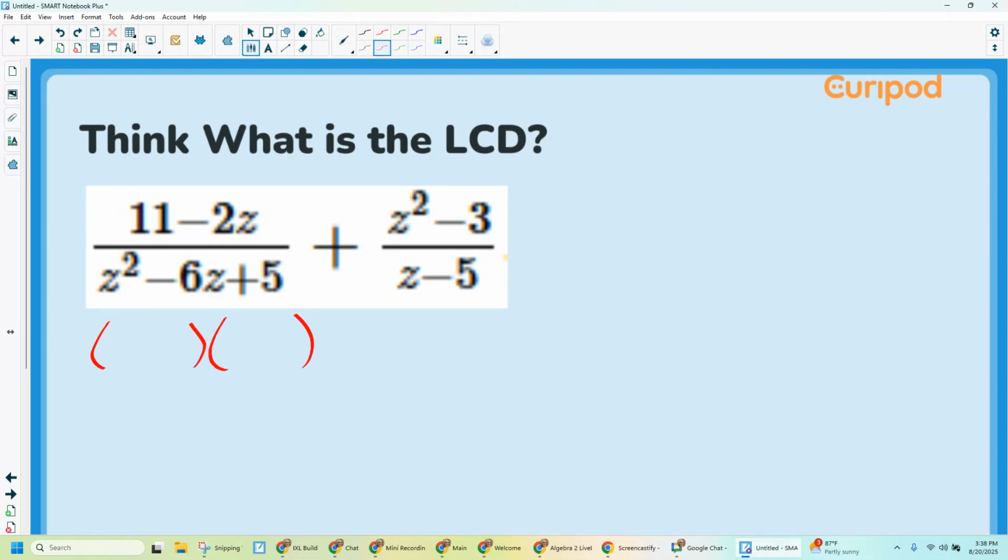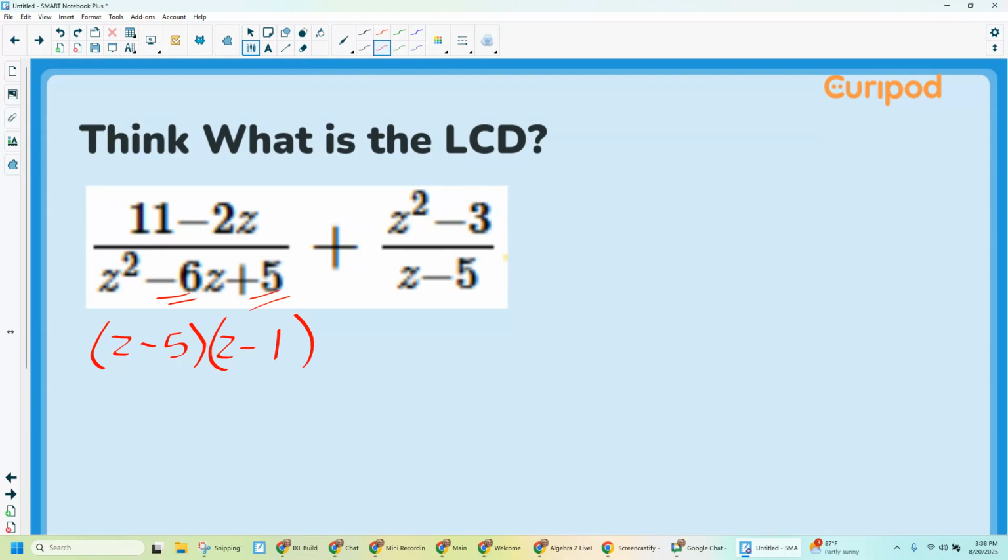Trinomial needs to factor to two binomials with z. What are the factors of 5 that add up to negative 6? That would be negative 5 times negative 1. Negative 5 times negative 1 is positive 5. Negative 5 minus 1 is negative 6.